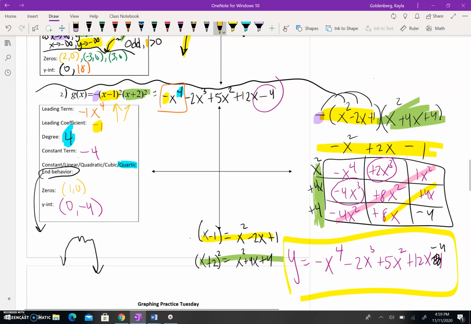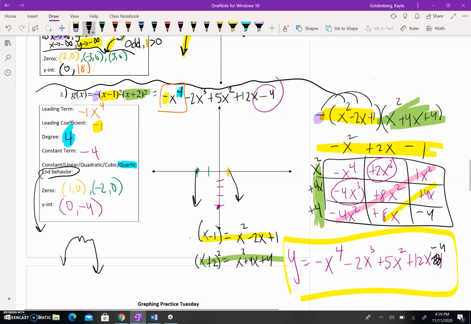That was already in factored form. And then what plus 2 makes 0? Negative 2. So I'm just going to get those put in. Add in my x-intercepts. And my y-intercept is a negative 4. 1, 2, 3, 4. Now remember, it's facing down and down, so down and down.